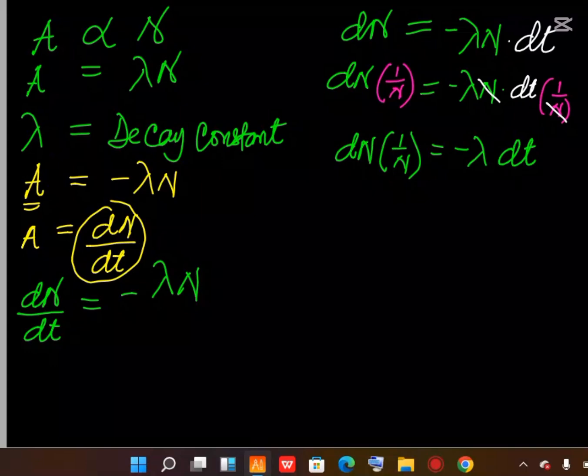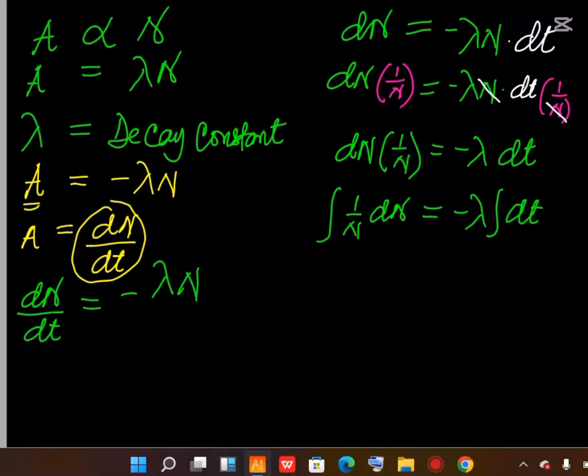Next, we integrate both sides. If we do that, we shall have the integral of 1 over N dN is equal to negative lambda integral dt.